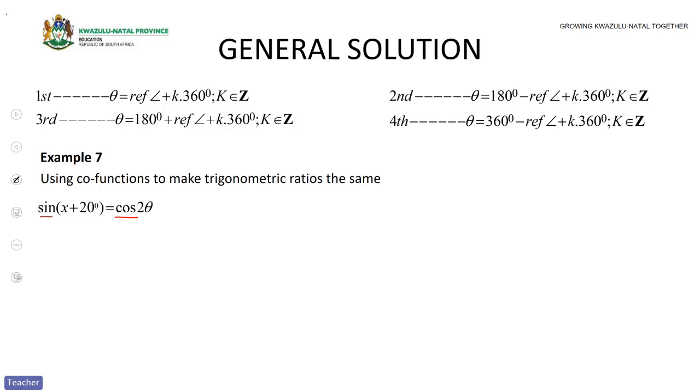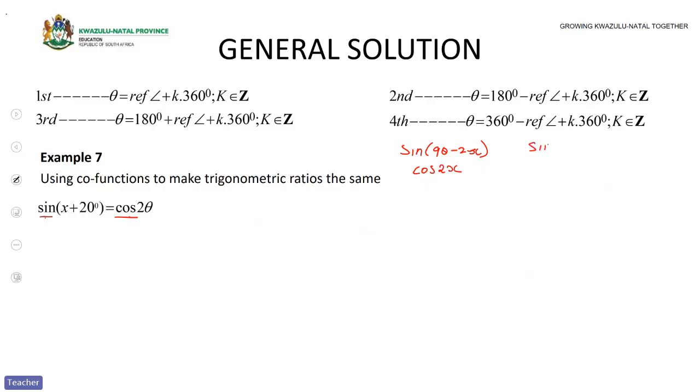We have sine, you also have cos, but using cofunctions or co-ratios, you will be able to make these two the same. Remember that sine of 90 minus 2x is the same as cos 2x.